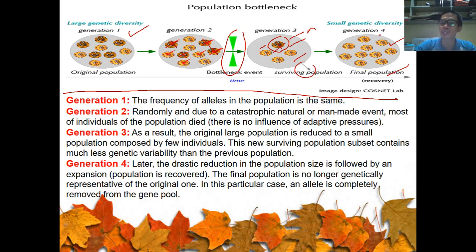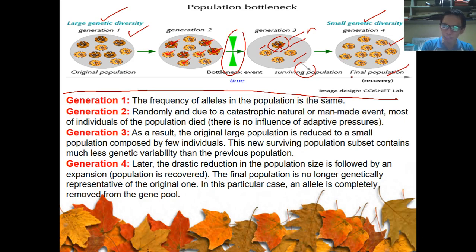So you see now the effect of the bottleneck event. From a large diversity, it becomes a small diversity of genes. That's the effect of your bottleneck event.